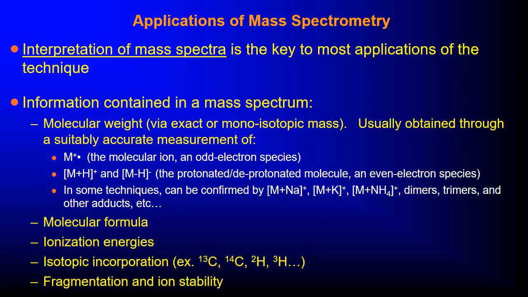Applications of mass spectrometry. Interpretation of the mass spectrum is the key to most applications of the technique. Information contained in a mass spectrum: molecular weight via exact or monoisotopic mass, usually obtained through a suitable, accurate measurement of the M ion or molecular ion, an odd electron species.